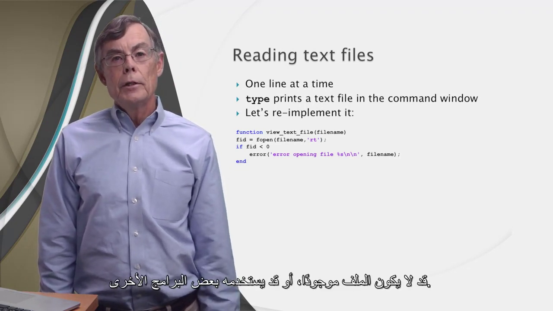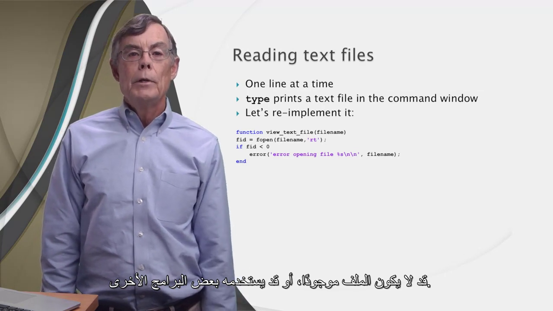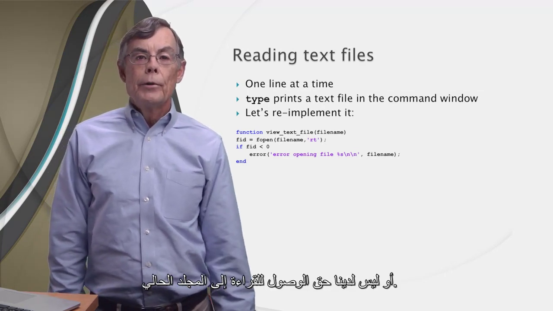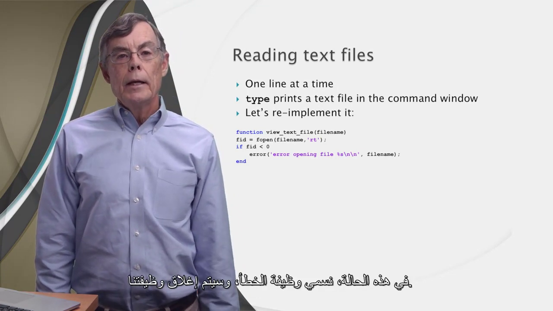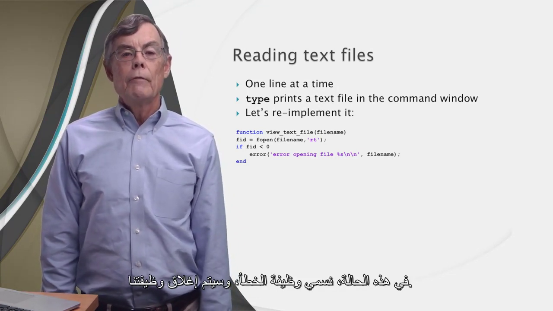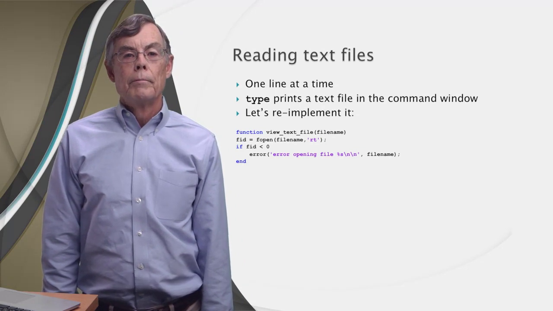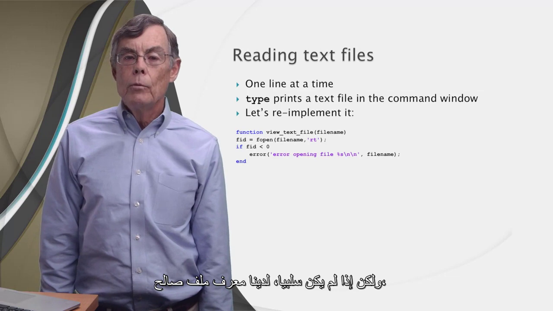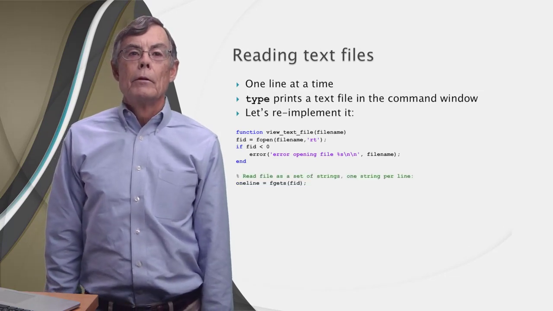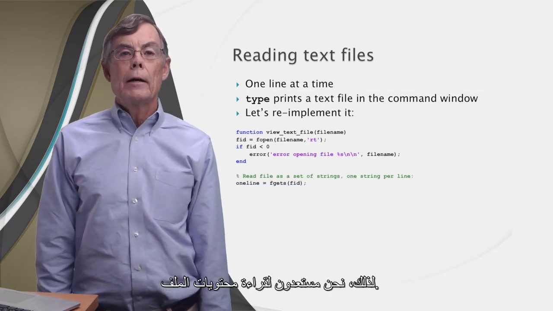The file may not exist, or some other program may be using it, or we don't have read access to the current folder. In that case, we call the error function, and our function will close. But if it's non-negative, we have a valid file identifier and we're in business. So we're ready to read the contents of the file.